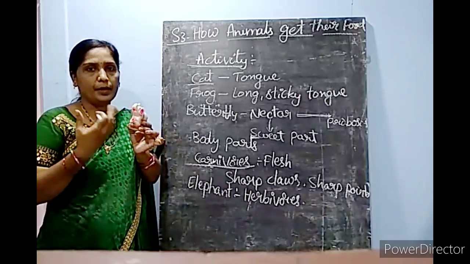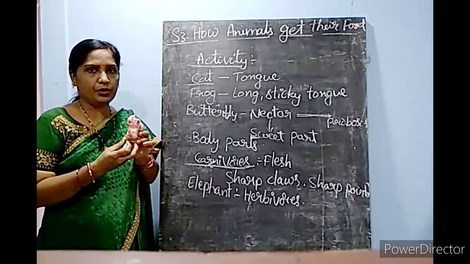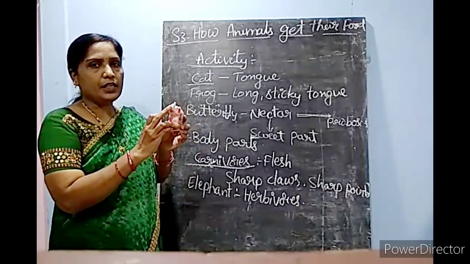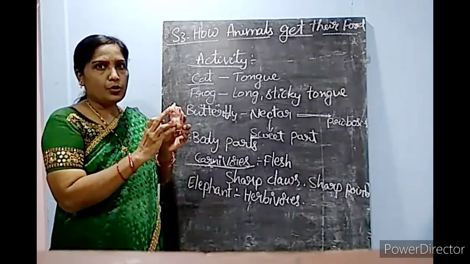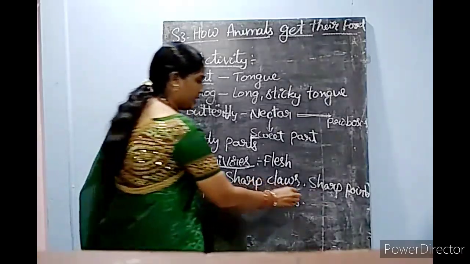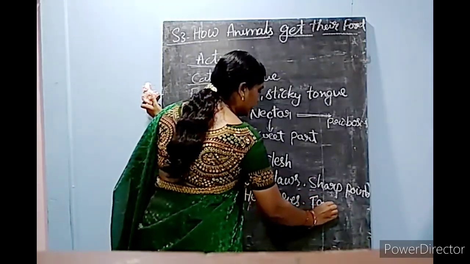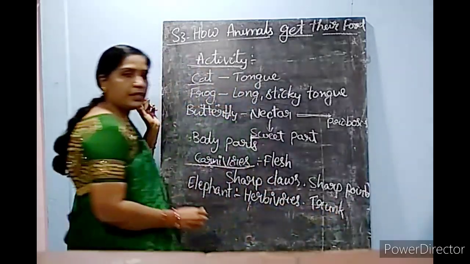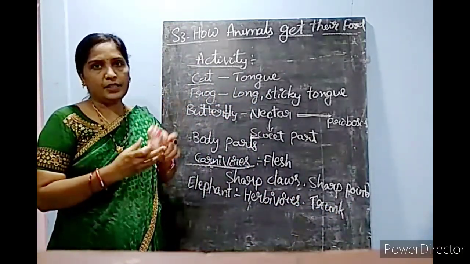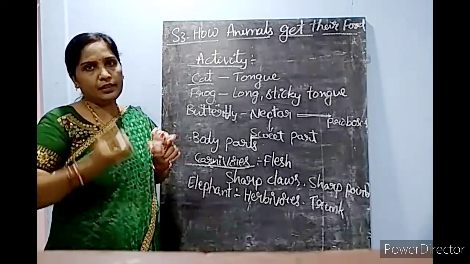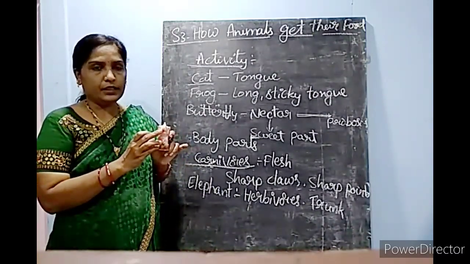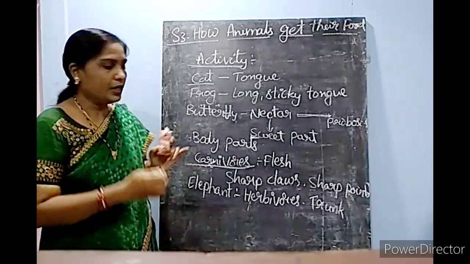Then how do herbivores eat their food? For example, see this elephant. A long part is present, known as the trunk. They use this trunk to break the branches and to collect the leaves. At the same time, they use their trunk to drink water.